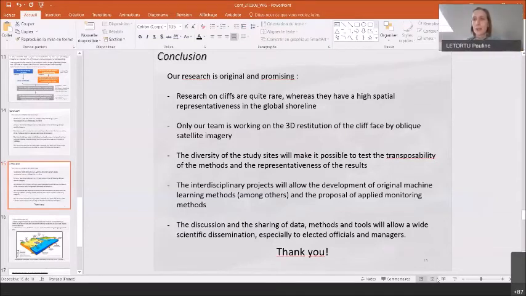Yes, but I think we will try on multi-source data, because we also have ground truth data from terrestrial laser scanning and also drone data. And so I think maybe the combination could be really interesting to have a good training dataset and so to have good results.